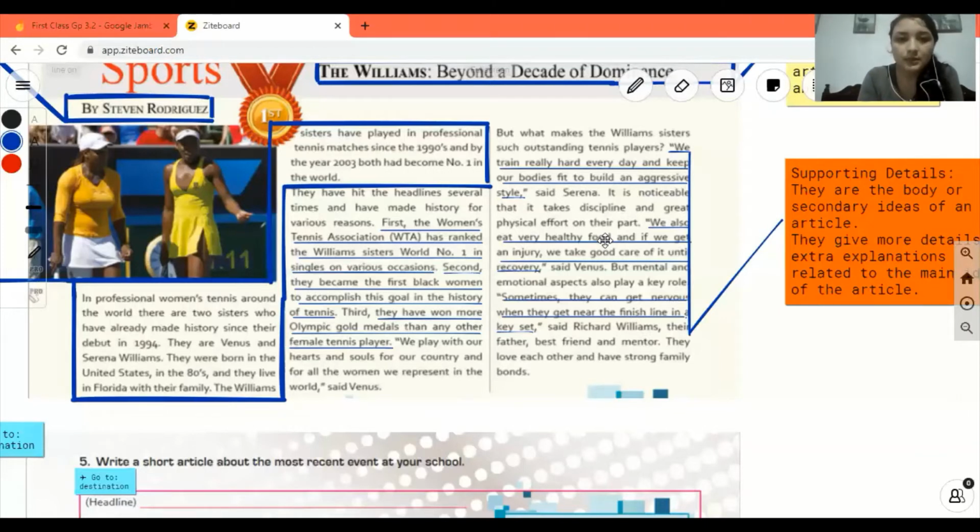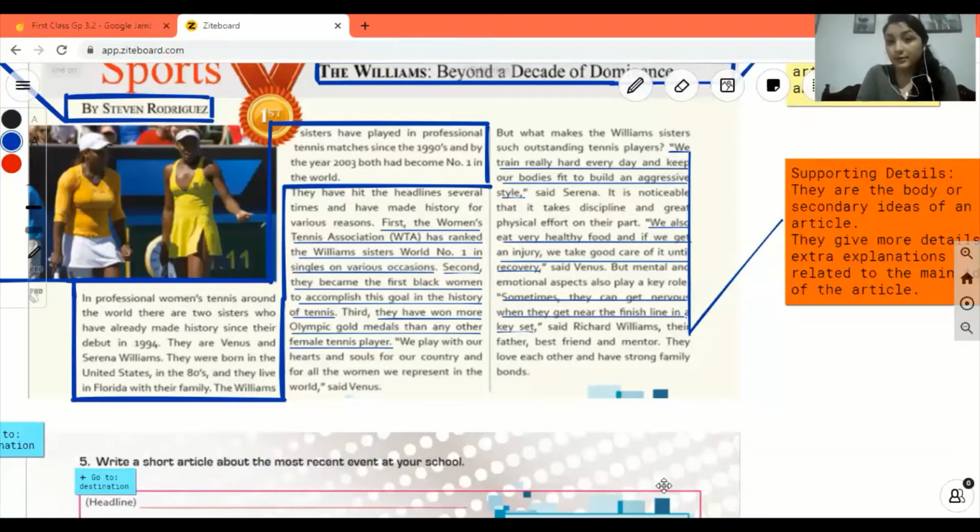So we have all these sentences that are supporting details related to the principal idea, the topic, and the lead paragraph. Everything we write in this paragraph will be described in more detail in the rest of the paragraph. And this is the function of the supporting details.